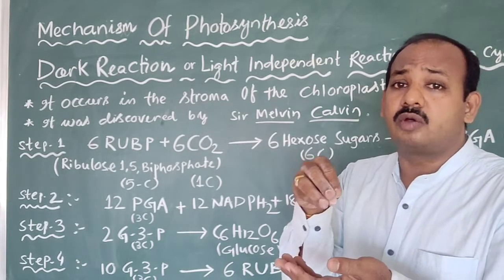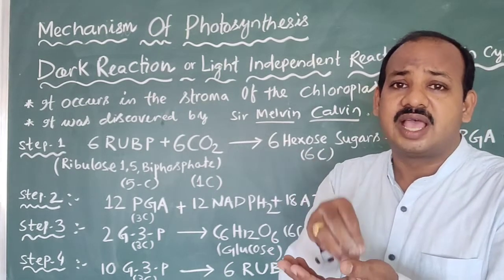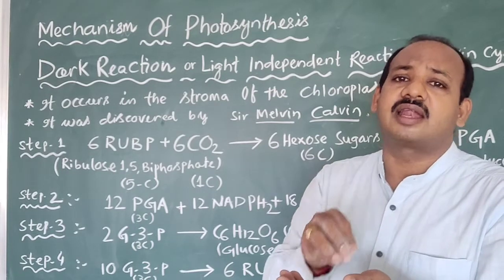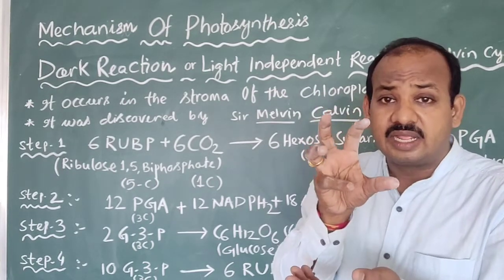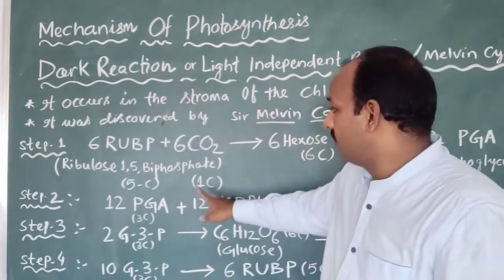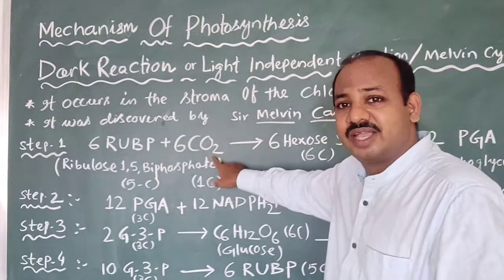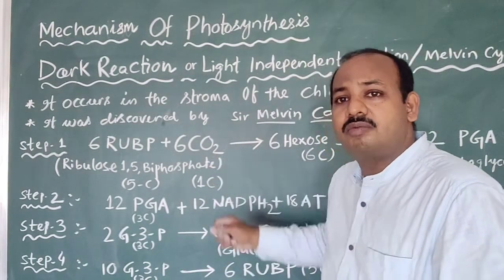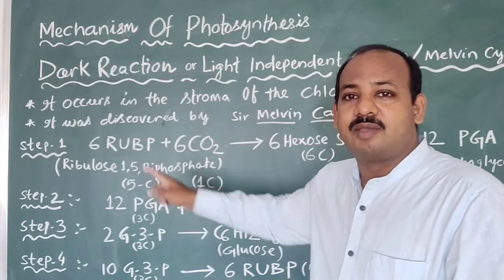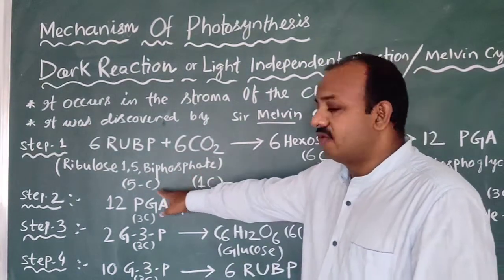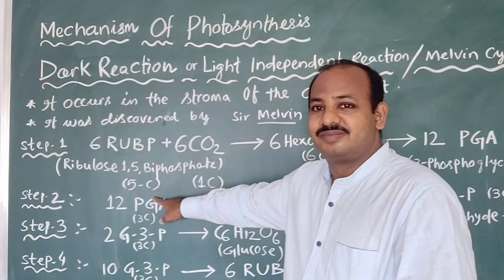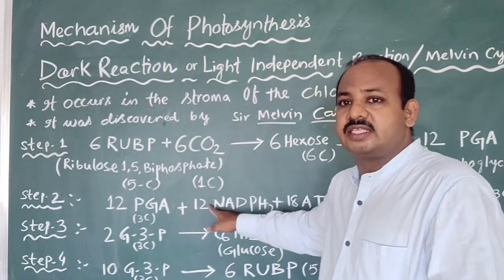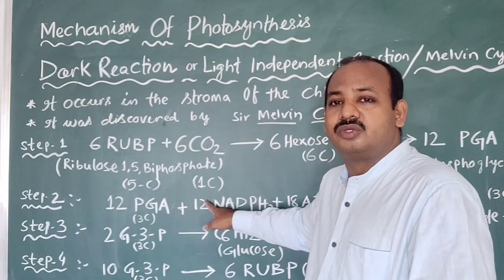So 6 molecules of ribulose 1,5-diphosphate are required to initiate the dark reaction. They can fix 6 molecules of carbon dioxide. Ribulose 1,5-biphosphate is a 5 carbon compound. Okay, children? And carbon dioxide is a 1 carbon compound.